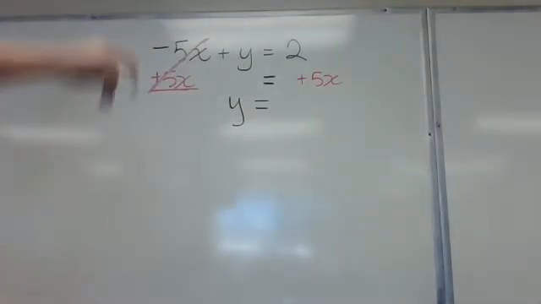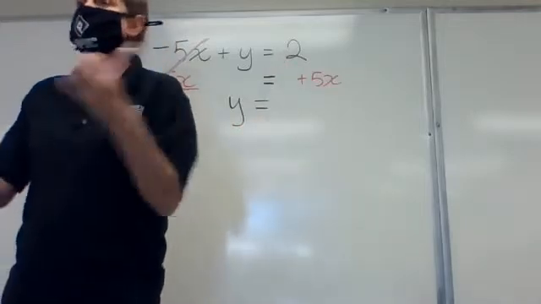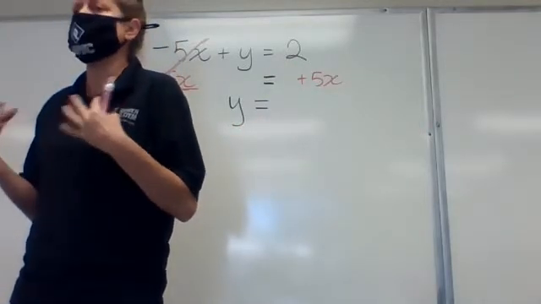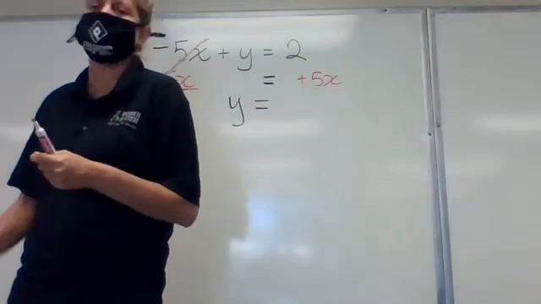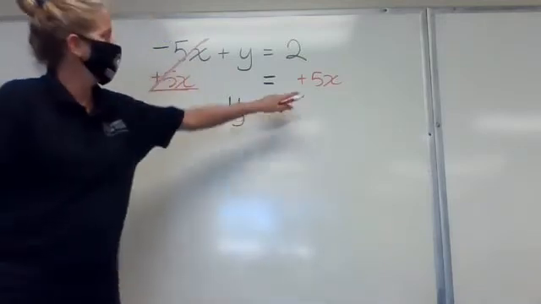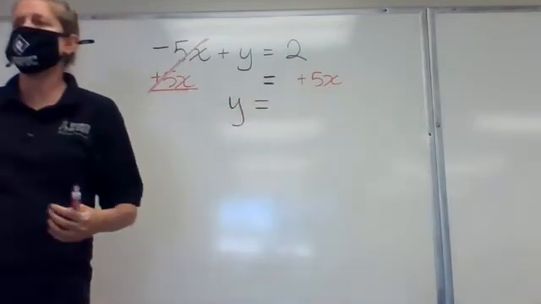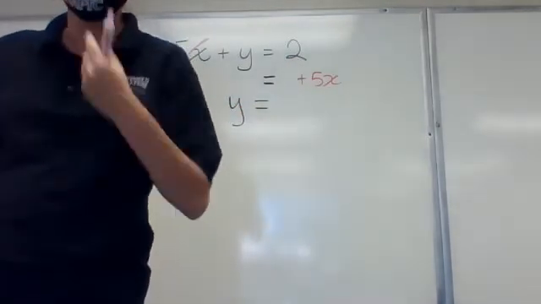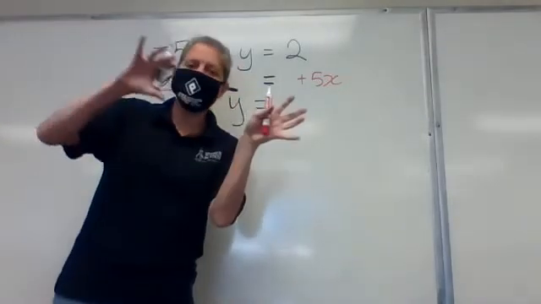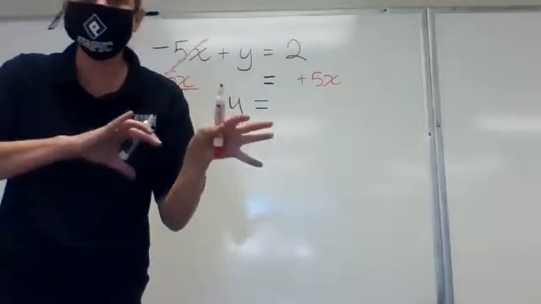When I am working on this other side, this 2 and that 5x can't go together. Why can't I put that together and call it some kind of 7? What does one have and one doesn't? That x. That means you cannot add those two things together. They're not like terms, which means they just both need to come down on that right side as two separate terms.